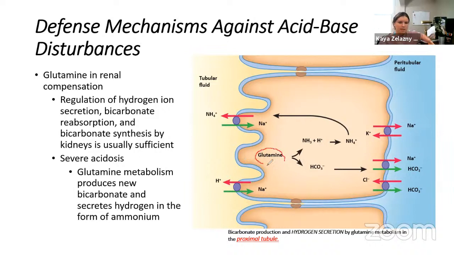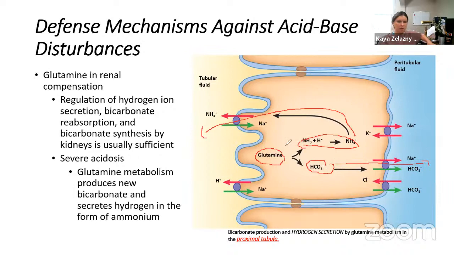What glutamine does is glutamine breaks into a bicarbonate ion and ammonia, essentially. All right, so we have this process, and then ammonia is going to end up in the tubular fluid. So a component of urine is ammonia. Okay. But here we are essentially freeing a bicarbonate ion, making a bicarbonate ion, and moving it into the plasma.